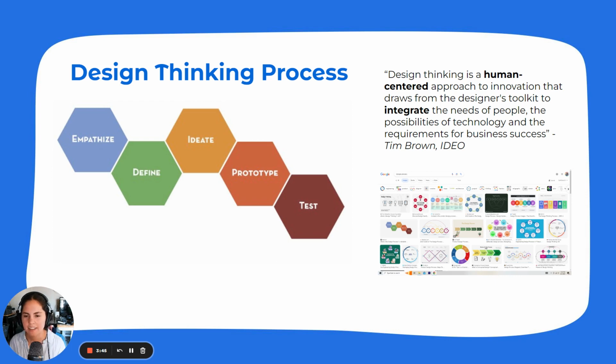So, by observing and being in other people's shoes, we can understand better what the struggles or the problem is. Then we need to define the problem and define how we can use this project to solve it.